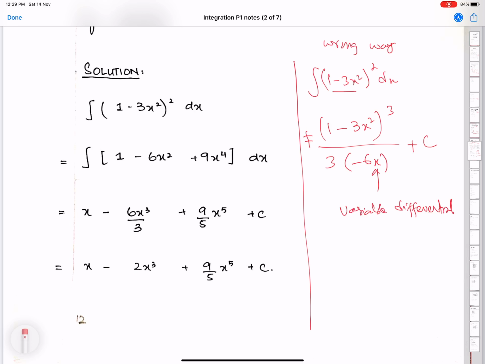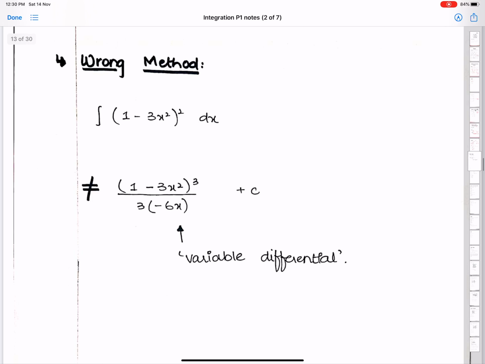So for these types of questions, make sure you always expand the bracket and then integrate it. And this is the wrong method because this x is a variable differential. I already have explained this method over here.